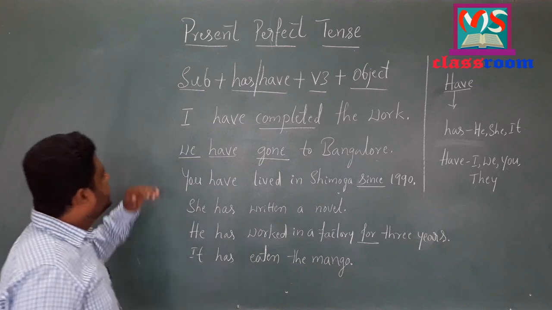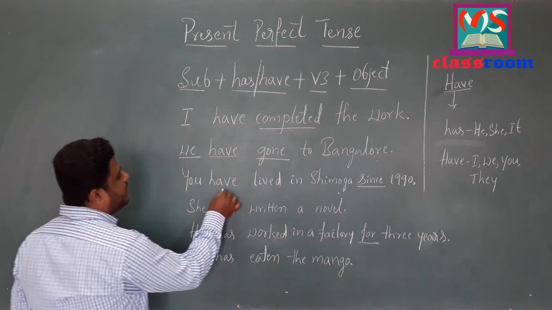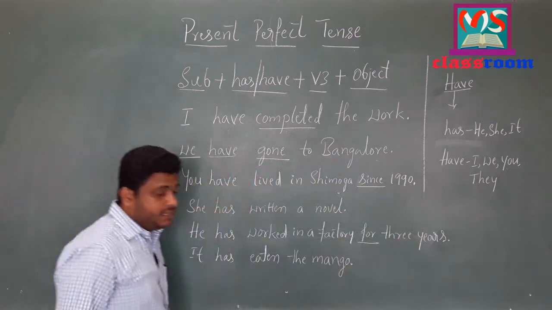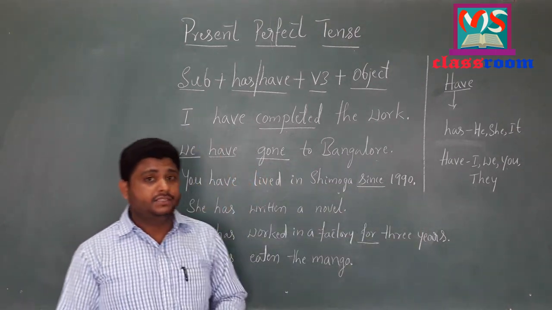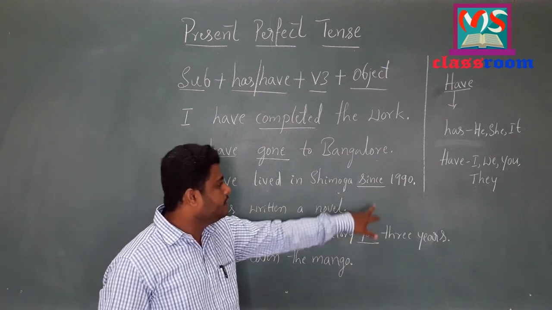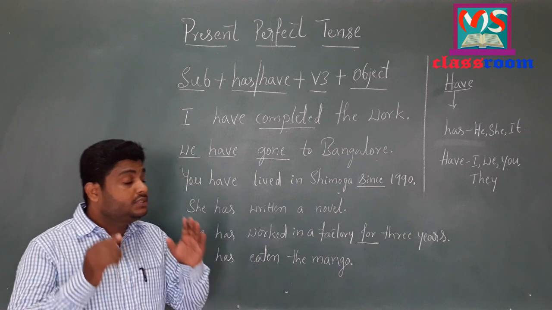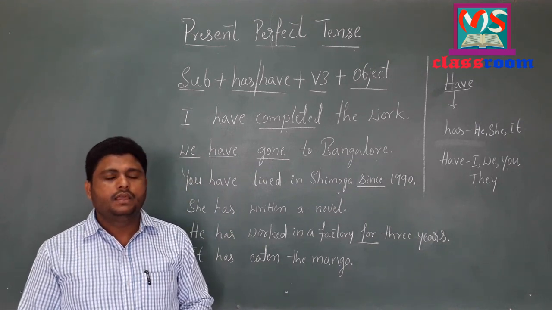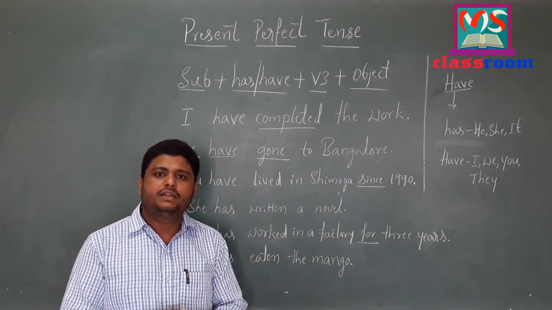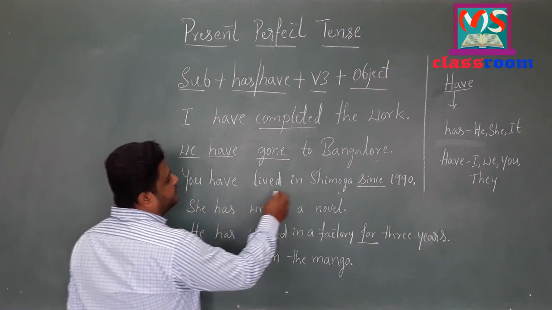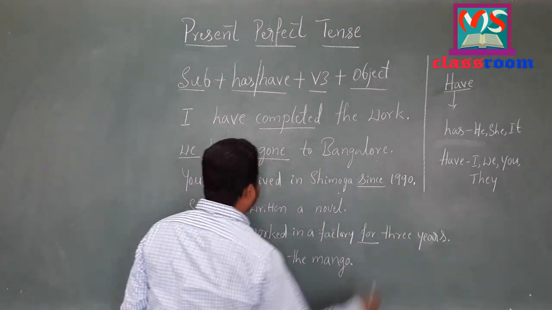Now let us move to the third example. You have lived in Shimoga since 1990. By using present perfect tense, you have to remember one thing, that is the usage of for and since. Since is used to refer to a definite point of time, and for is used to refer to duration of time. So look at here, you have lived in Shimoga since 1990.